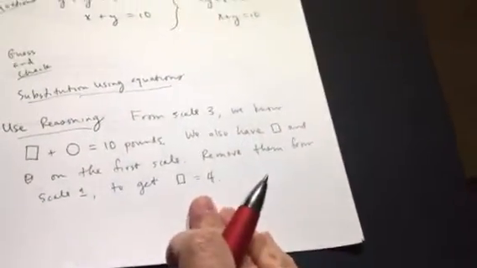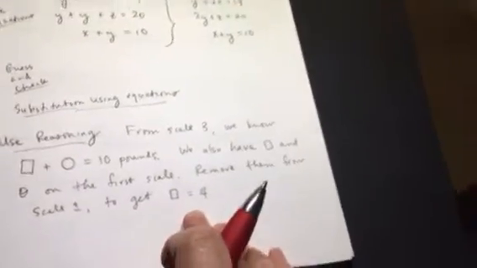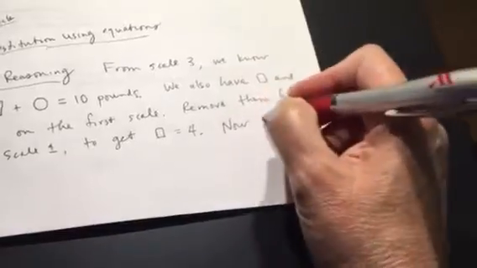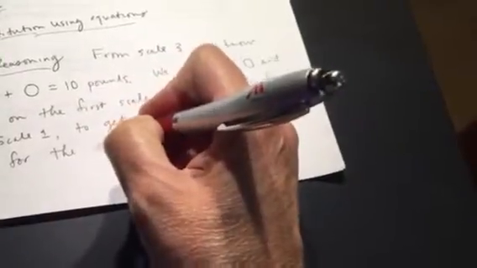Then you can do what? We can use that information to solve for the sphere. Now, solve for the sphere. What does the sphere weigh? The sphere is going to weigh 6.